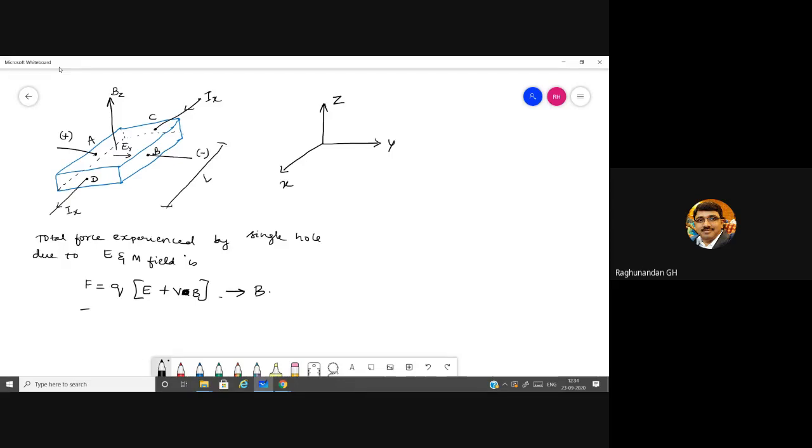Now, since you know that the force or the electric field will be experienced in y direction, then in y direction, force is taken to be Fy is equal to Q into Ey minus Vx into Bz. So why are you taking minus here? Can anyone tell me?